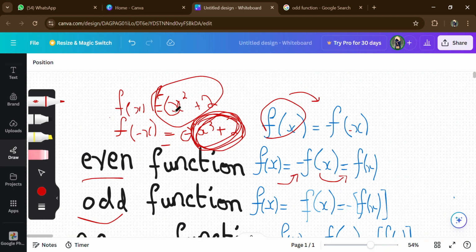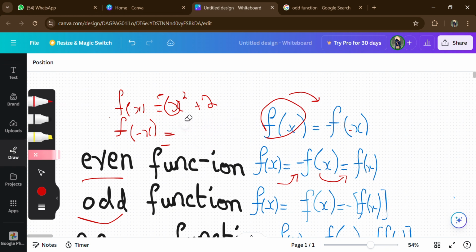Just suppose for a while that you're given a situation here that f(x) is probably equal to x upon 2 plus 2. So what we'll do is take the minus of x upon 2 plus 2.